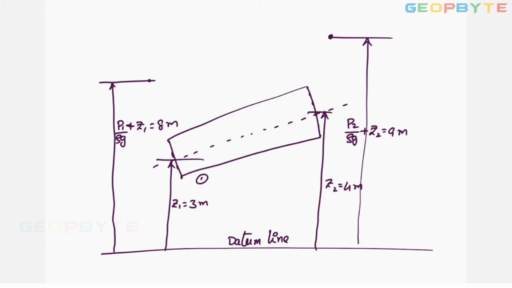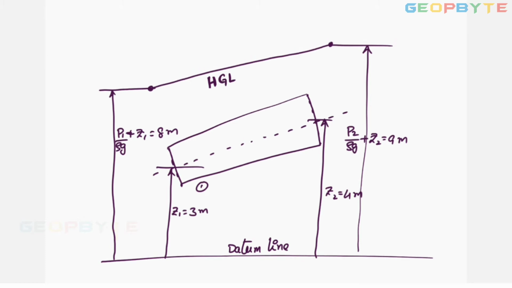So this is the piezometric head at outlet, and this is the piezometric head at inlet. If you join the piezometric heads in the flow, you will get a line called HGL. HGL is obtained by joining all the piezometric heads in the pipe flow. I hope you clearly understood.